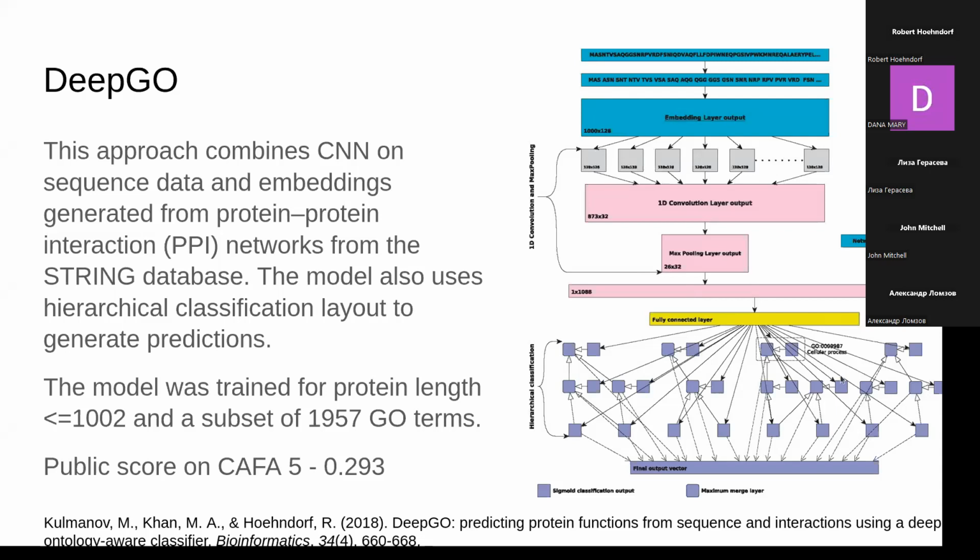to generate predictions, because, as we know, the GO terms are organized in a hierarchical manner. So for each parent, the prediction mustn't be lower than the maximum prediction of all of its children. This hierarchical classification layout is to overcome this problem.